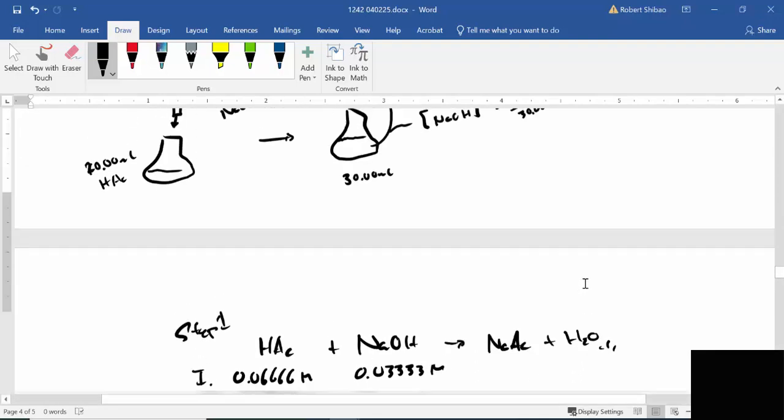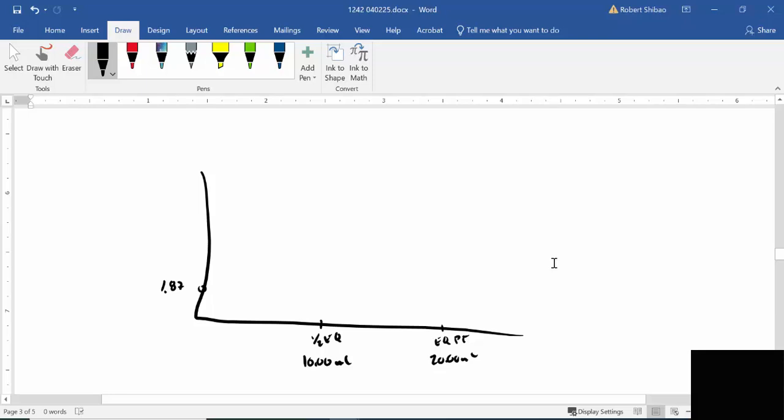So this is one of the reasons why I wanted you to figure out what the pH is at the half equivalence point. Because if we figure out what the pH is at the half equivalence point, then we know that that's equal to the pKa of our acid. The pKa of our acid we could look up in a pKa data table. It's kind of similar to a Ka data table.